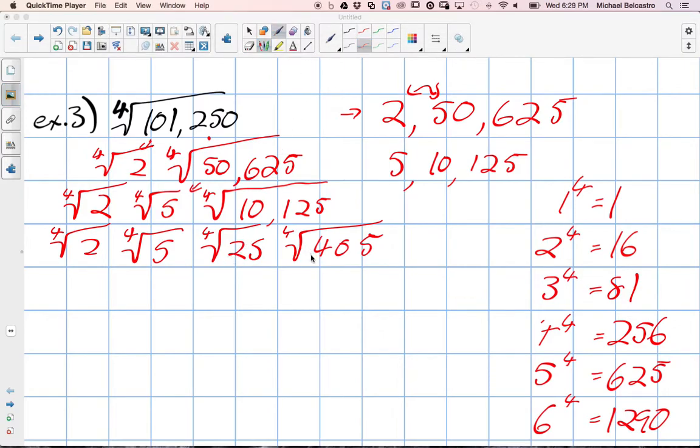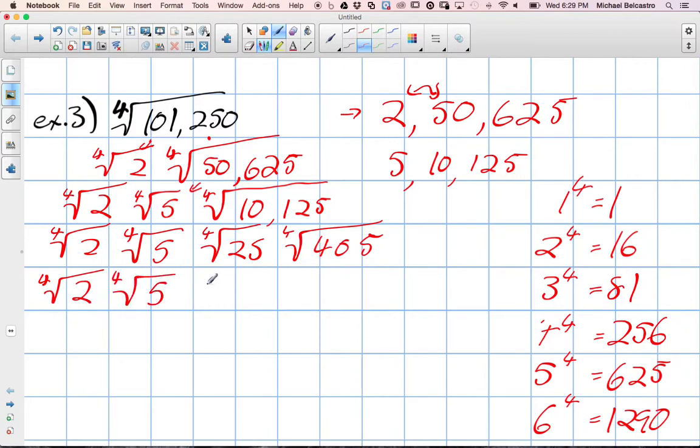We can break 405 into what? 5. What did you say were the numbers? 5 goes in, yeah. 4th root of 5. And how many times does that go? 4th root of 81. Okay, so we got some pretty good values here.